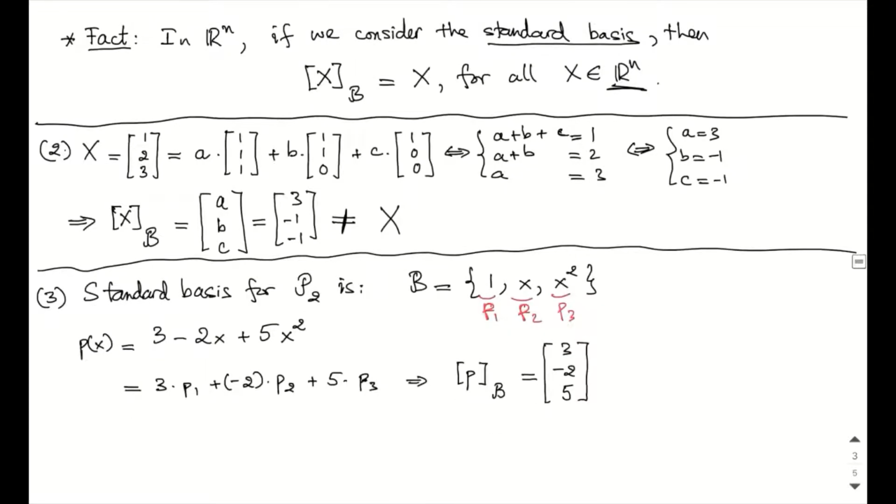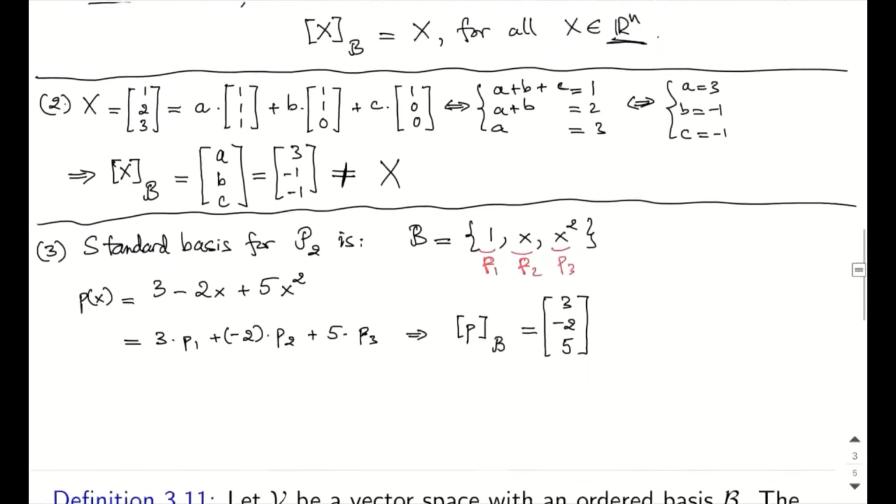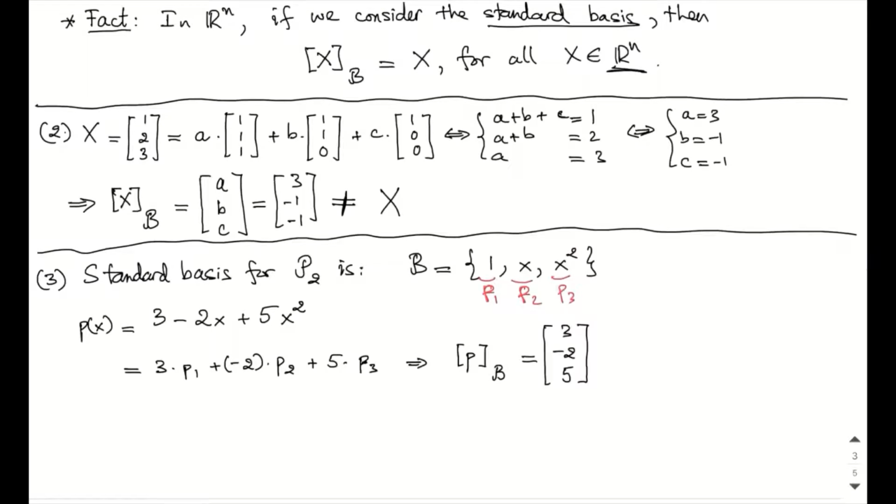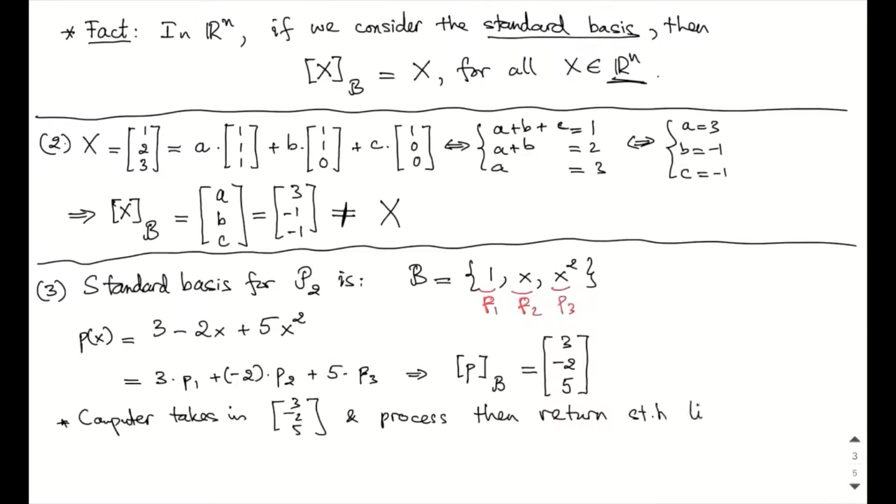So here let me discuss a little bit about why this is important. Nowadays we are working mainly with computers. What will a computer do if we give it a polynomial? It will just read 3, -2, and 5 and remember them, right? So if you ask it to do some transformation, it will process these numbers, and say it will spit out some numbers, something like 2, negative 1, 3.